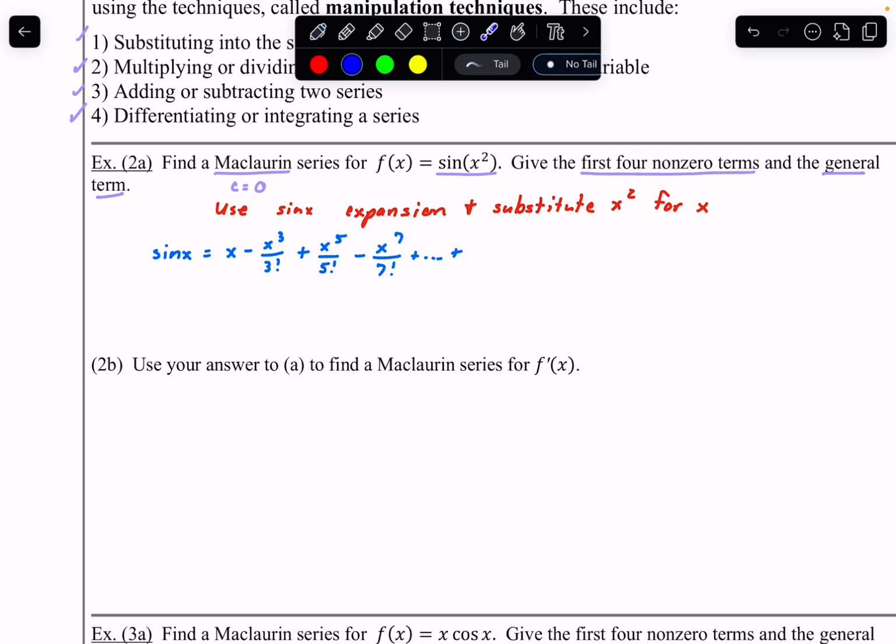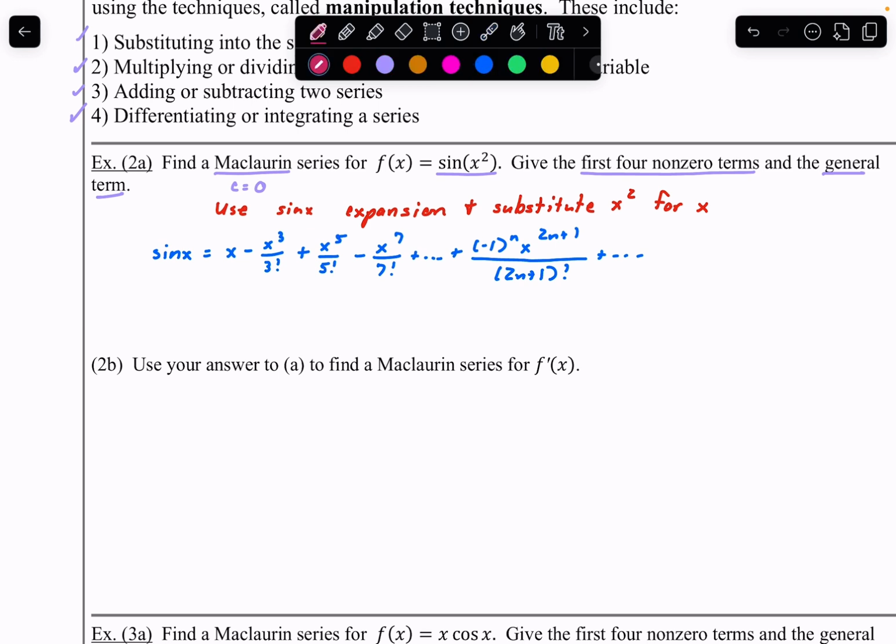That's why I'm starting this original sine of x with these first 4 terms. And then the general term was negative 1 to the n, x to the 2n plus 1 over 2n plus 1 factorial. So that is the series that I'm going to manipulate, and all I have to do is substitute an x squared everywhere I see an x.